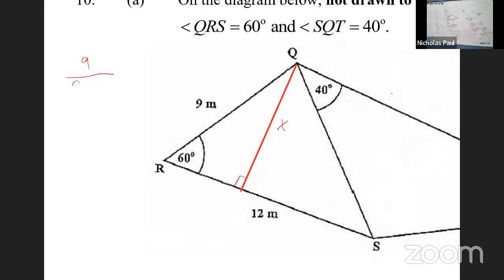So it's 9 over sine 90 is equal to X over sine 60. See that? So you can use the sine rule for anything. That's the one thing I want to pick up from that.